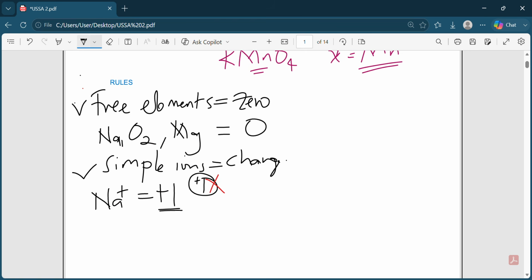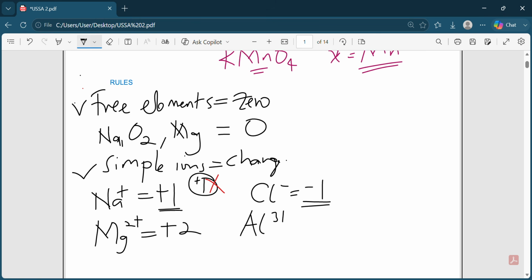It could also be magnesium, which is going to have an oxidation state of +2. It could also be an anion, which has an oxidation state of -1, and so on and so forth. For example, aluminium would also have +3.